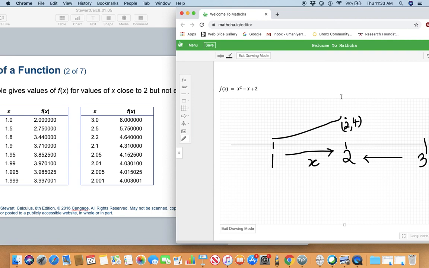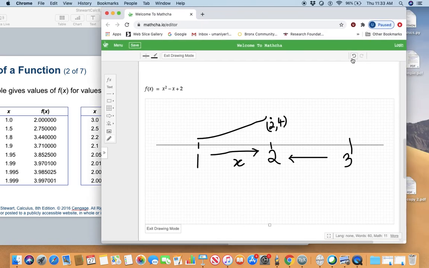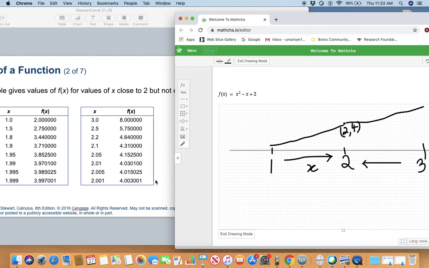From the left, you're increasing towards 4. From the right, wherever you are, okay, I can't draw there, but wherever you are, you're decreasing towards 4, basically. That's what is happening, okay?